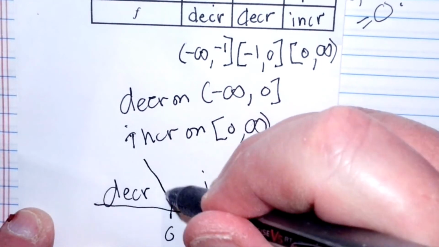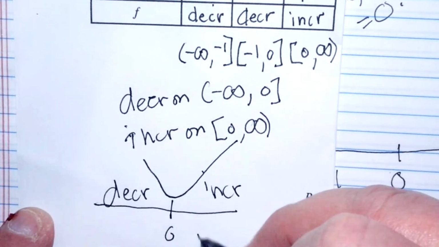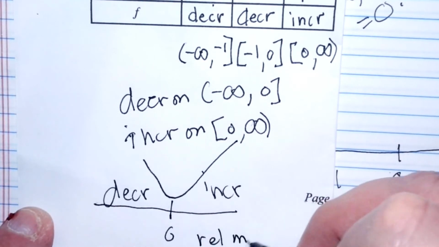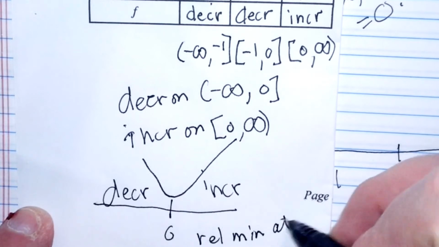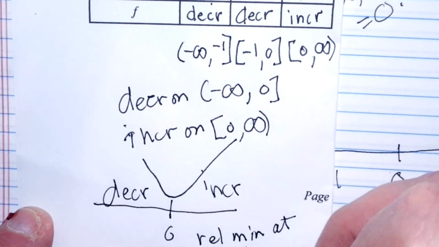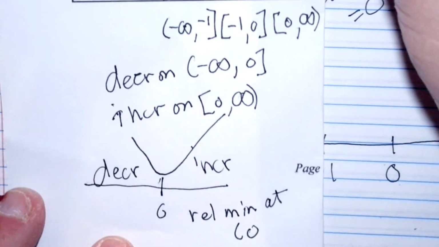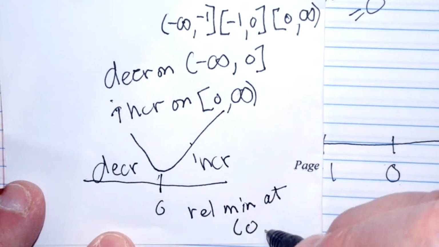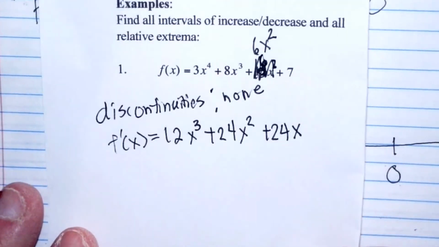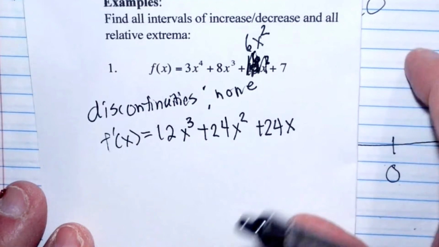So that means we've got a relative minimum at x equals 0, that point right there. And to get the y-coordinate, we need to substitute the x-coordinate into the function. And that should give us 7.